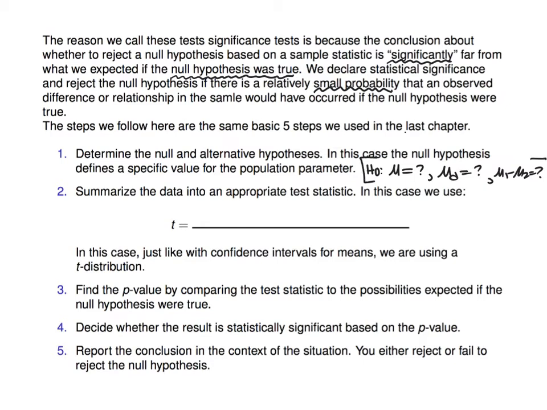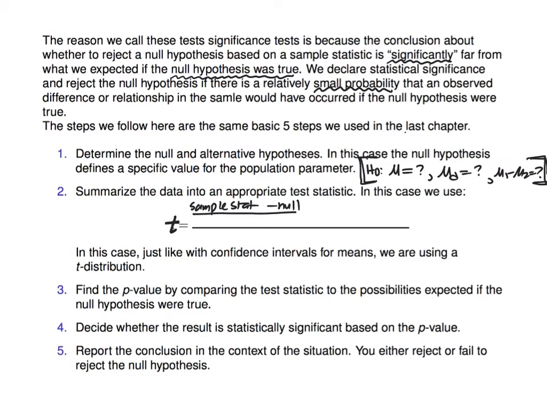H naught and HA should both involve the symbol mu. You summarize your data into an appropriate test statistic. Now, just like when we did confidence intervals for means, where we used t-values, we also use t-values here. You'll have to tell me that you're using a t-value. And the same format, it's sample statistic minus your null value.